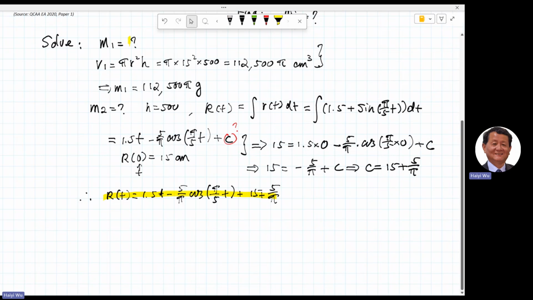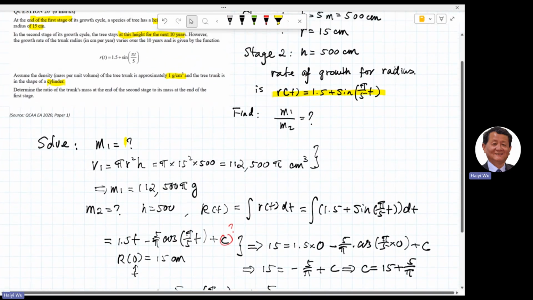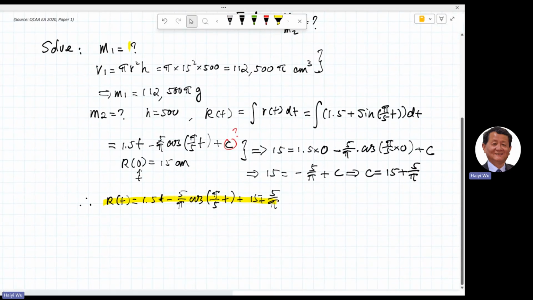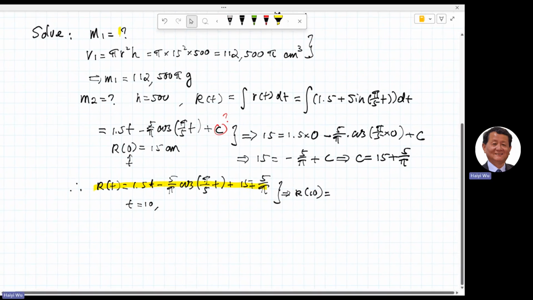Now we're going to substitute the values. When the time equals 10 years later, because the second stage time is 10 years, we put R10 and substitute into the formula. Let me start a new line here.